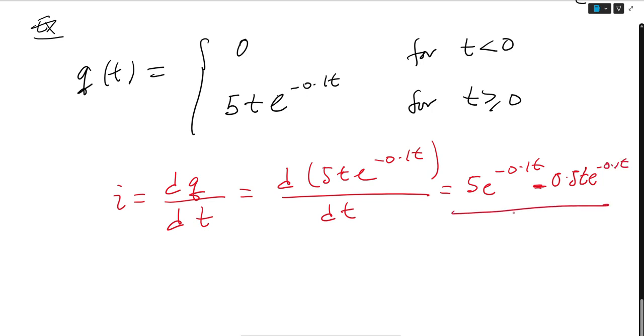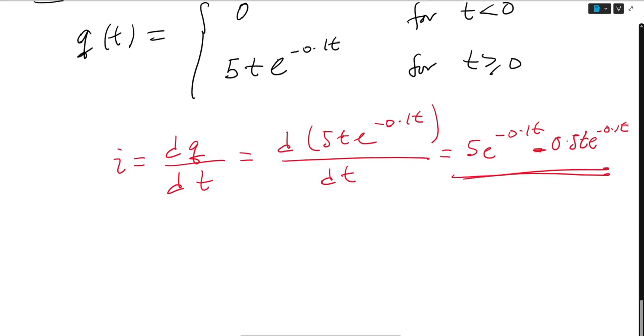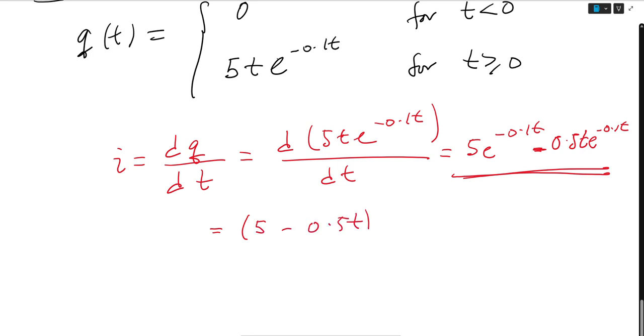And again, this is just a derivative using an exponent. Or we can rewrite this as 5 minus 0.5 t, and then pull out the e to the negative 0.1 t, and this is in amps. So this is our general equation.